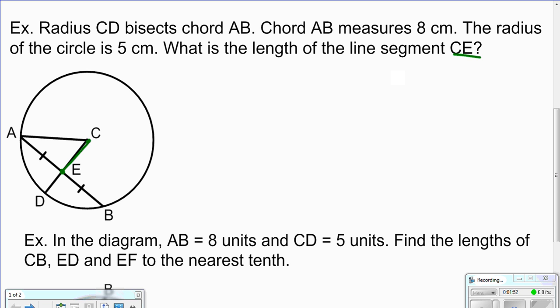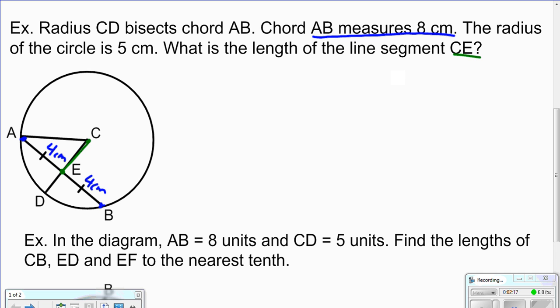Okay, and so hopefully you noticed that they've given us some information. The first piece of information they tell us is that the chord AB is 8 centimeters. And so from A to B is 8 centimeters. That means A to E should be 4 centimeters, and E to B should be 4 centimeters to make 8.